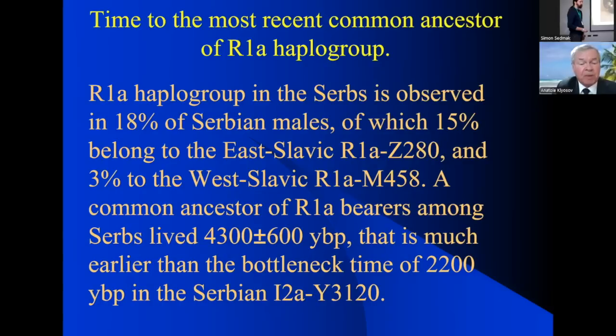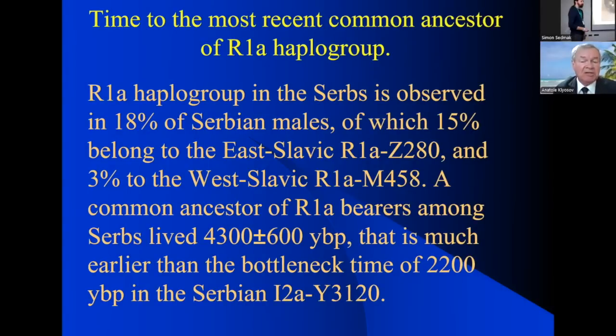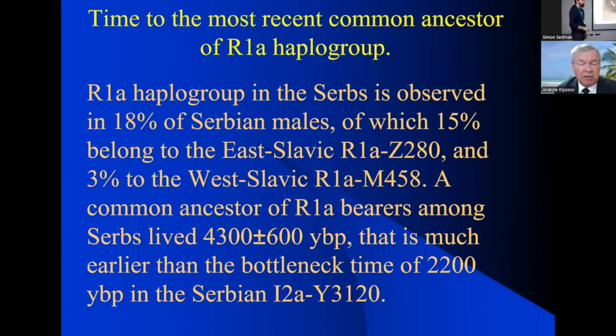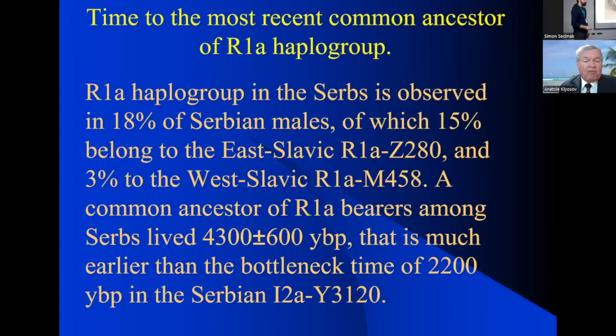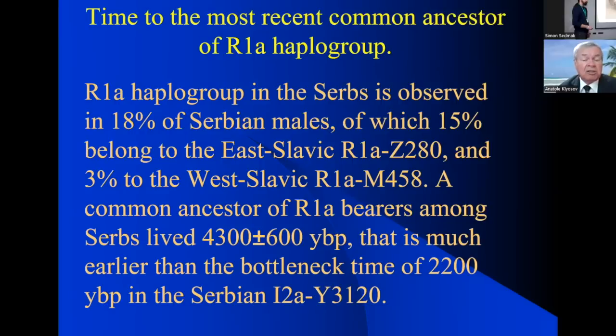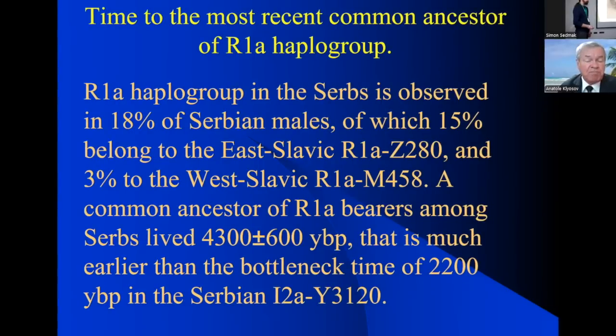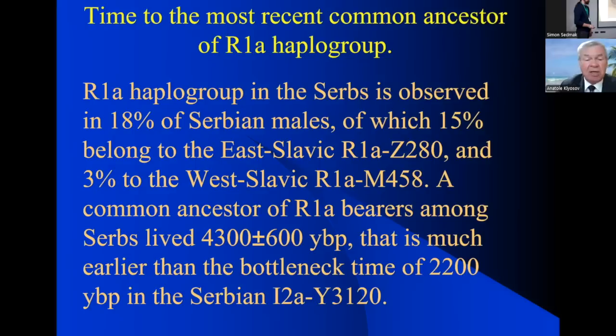That's why, and I'm going to repeat it again, when the ancestors of today's Serbs went through the bottleneck and started to multiply about 2,200 years ago, they already lived among a large number of R1a bearers who spoke a Slavic language. And so that's why the ancestors of nowadays Serbs speak Slavic language from R1a bearers. That's how Serbs became Slavs.